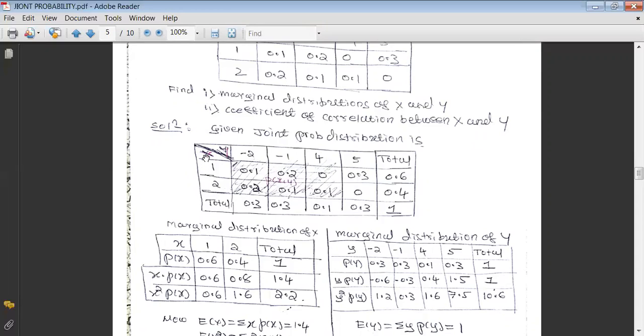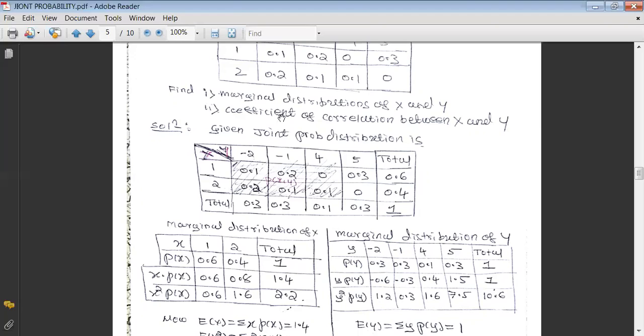As we know, x takes the two values 1 and 2, and the corresponding marginal probabilities are given by the total in front of those values. The total in front of 1 is 0.6, and the total in front of 2 is 0.4, and this represents the marginal distribution of x. We can observe the total of that is 1.